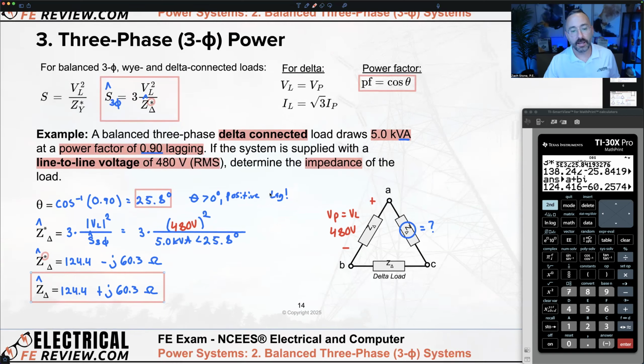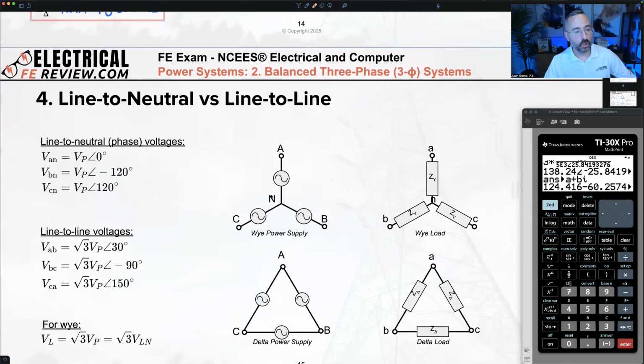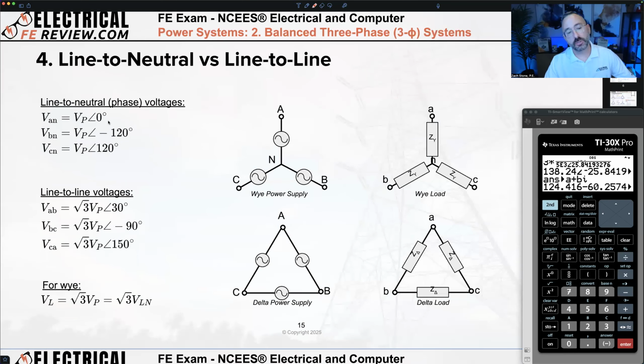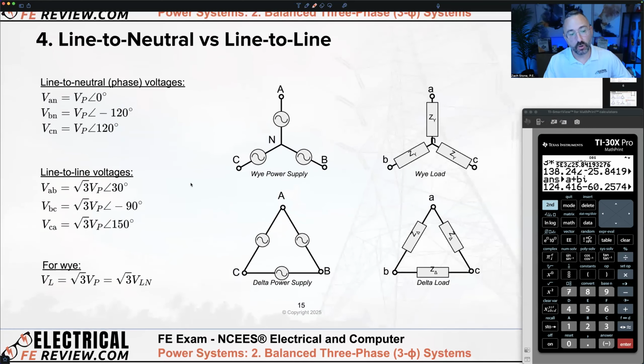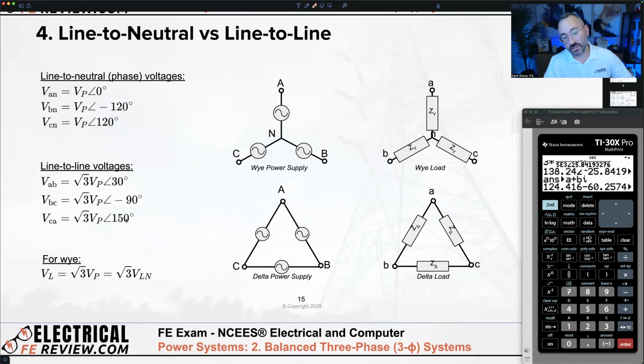And then next week, we'll look at these relationships in the reference handbook, line to neutral phase voltages, line to line voltages. We'll talk about these phase shifts, how in a balanced and positive sequence system, all of our phases are displaced by negative 120 degrees, but then the line voltages are displaced by 30 degrees.